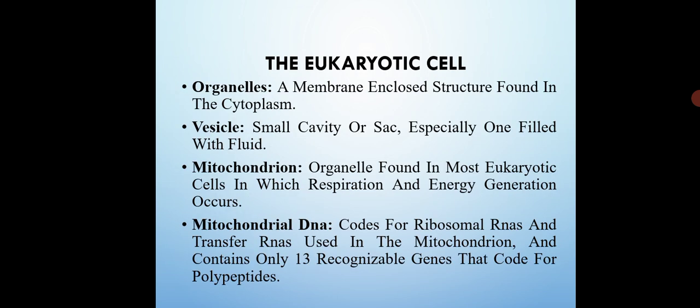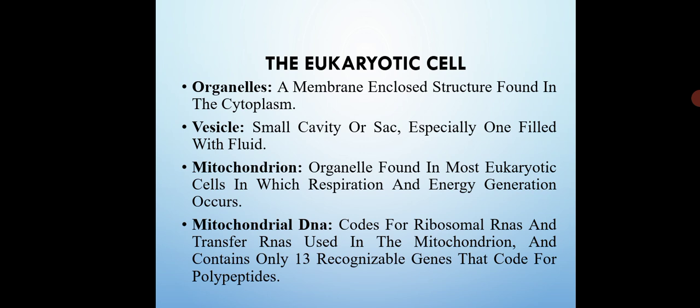Other organelles of the eukaryotic cell are membrane-enclosed structures found in the cytoplasm. A vesicle is a small cavity or sac containing a fluid. Then there are mitochondria, found in most eukaryotic cells, in which respiration and energy generation occur.